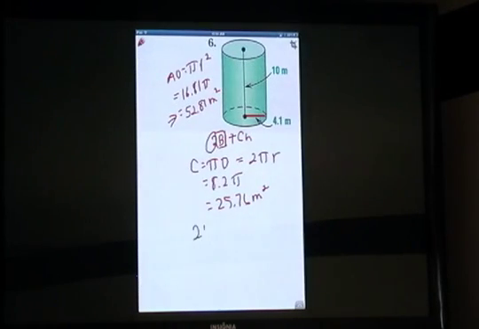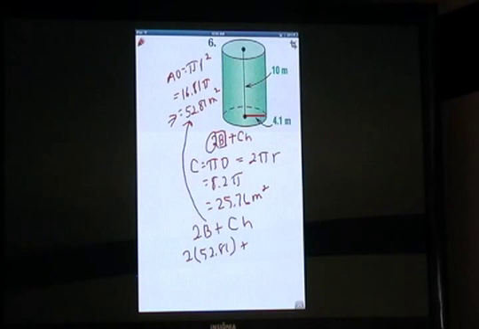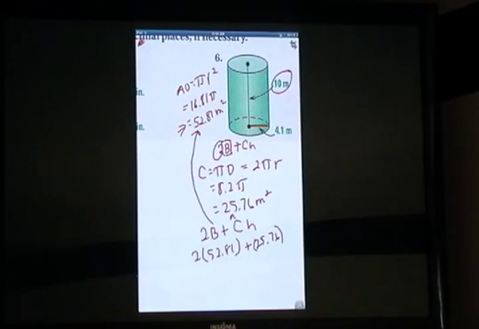Okay, I'm going to rewrite this down here so you can see everything I'm doing. 2 times 52.81, because that's the base, plus the circumference is right here, 25.76, times the height, which is right there, 10. Okay, 2 times 52.81 plus 25.76 times 10.